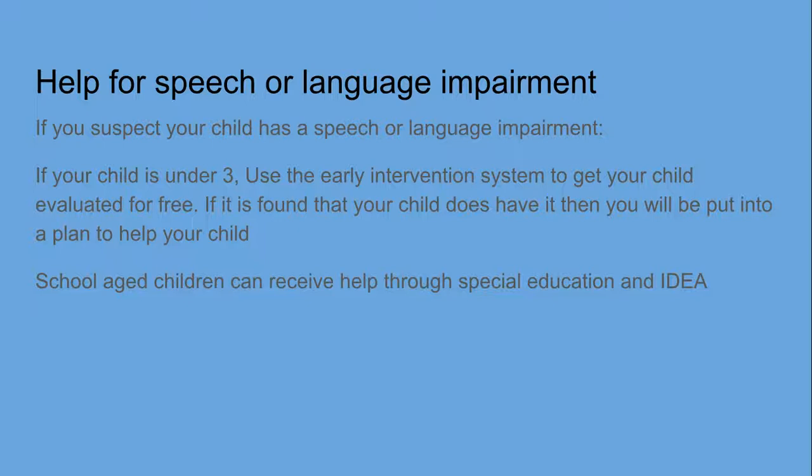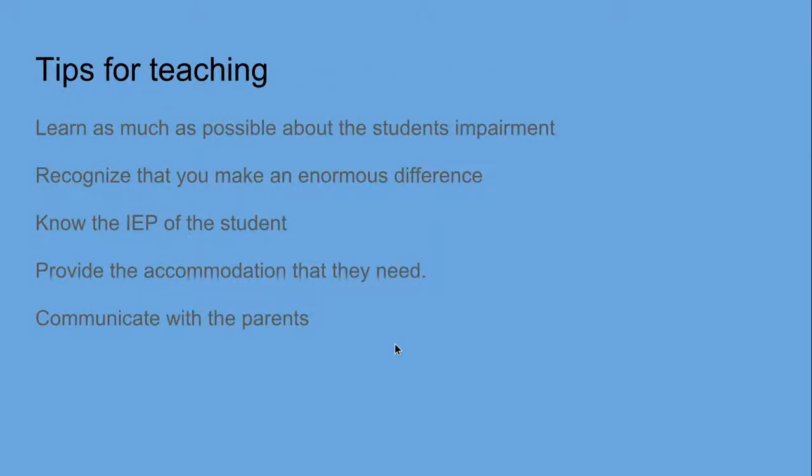But then if you have a school-age child, then you can receive help just like all the other disabilities through special education and through IDEA, by contacting the people at the school or other ways and getting your child evaluated and getting a group together for them and getting their plan together for them.